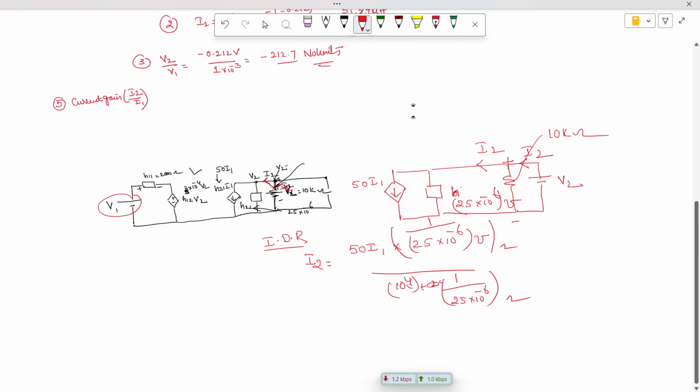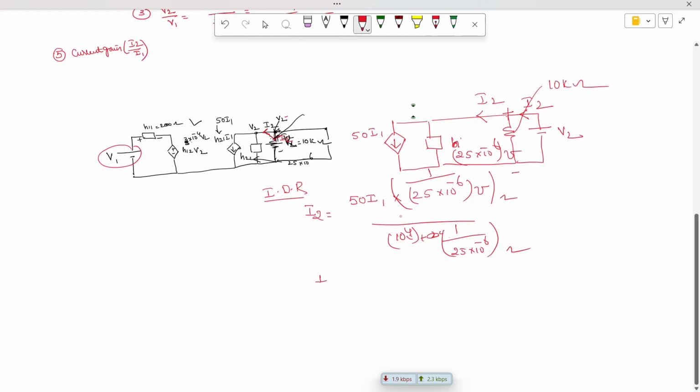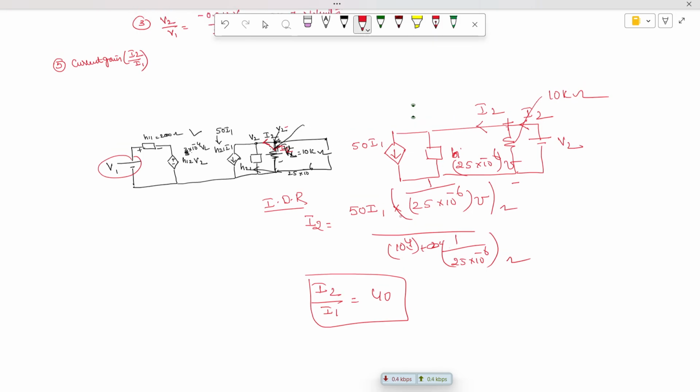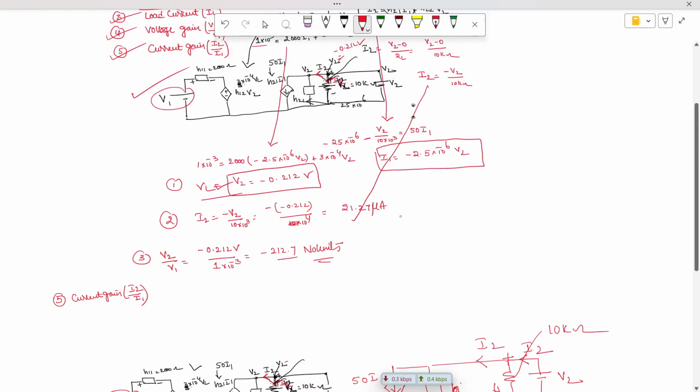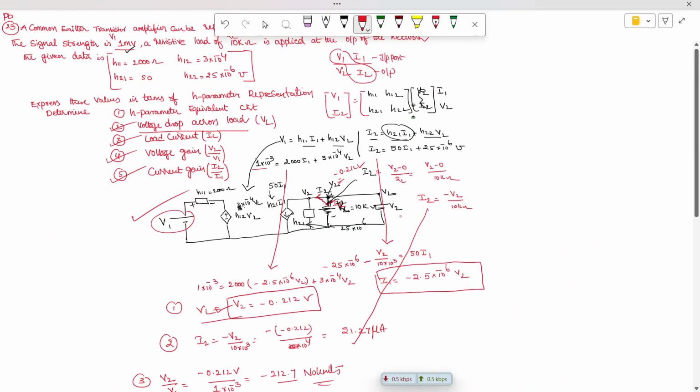So if you write down the ratio of I2 by I1, you will get this value as 40. So this is how we find the currents. Hope you are able to understand. This is very simple to understand all the methods of solving the problem.